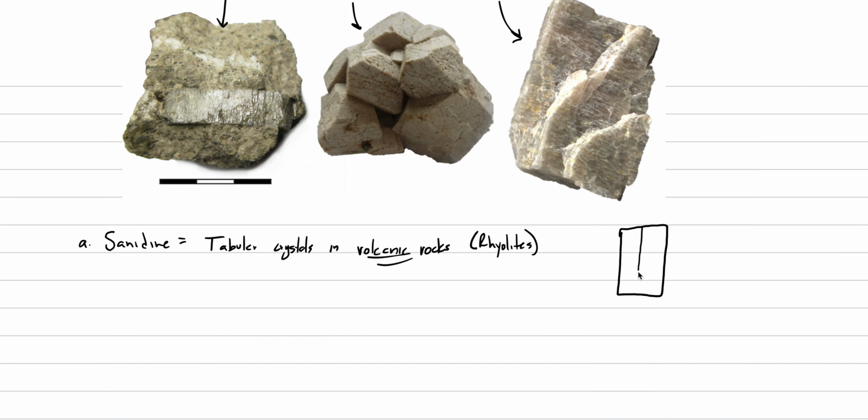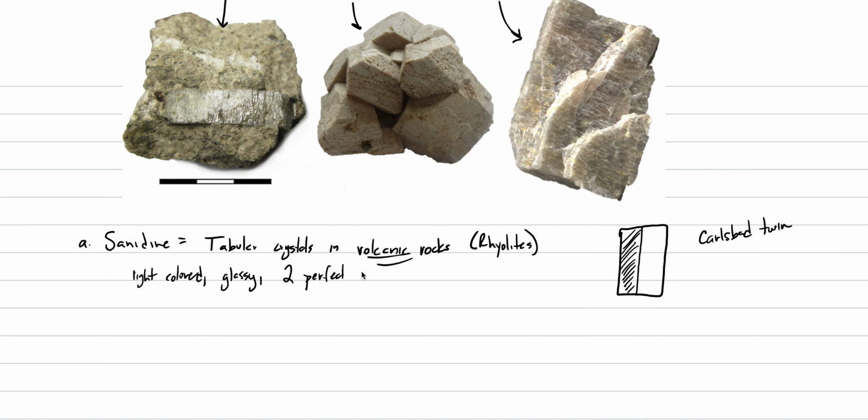Sometimes it has a twin plane through the middle of it, where one side shines back to your eye slightly different than the other, and this is called a Carlsbad twin. I would look for a Carlsbad twin if I'm trying to identify sanidine. It is light colored. It can be transparent. It is glassy lustered, and also it has two perfect cleavages.